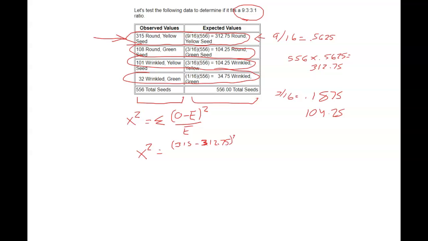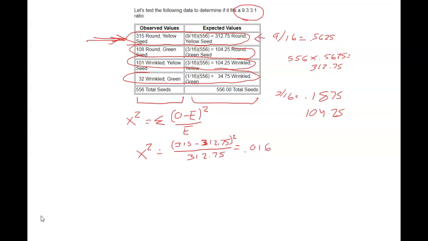And we square that value, and then we take that all over what we expect to get, which is 312.75. If I plug that into my calculator, I get a chi-square value of 0.016. That chi-square is just for the first group.